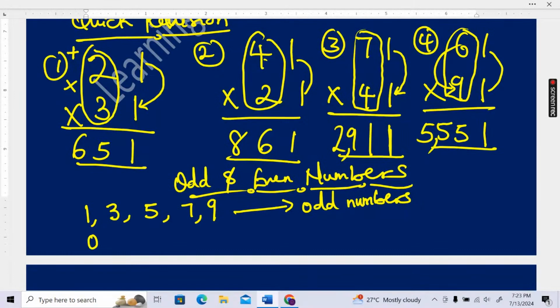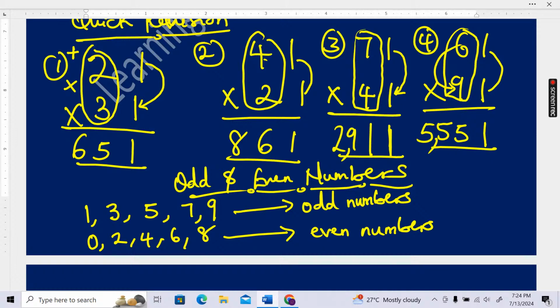Any number that ends with 0, 2, 4, 6, or 8 is called an even number.